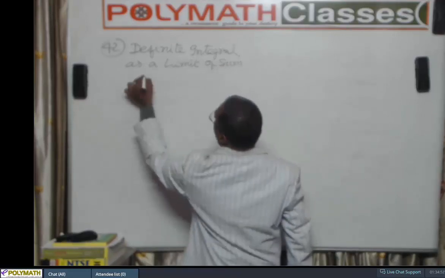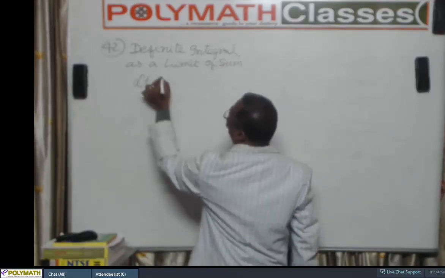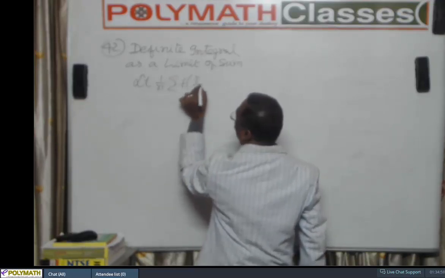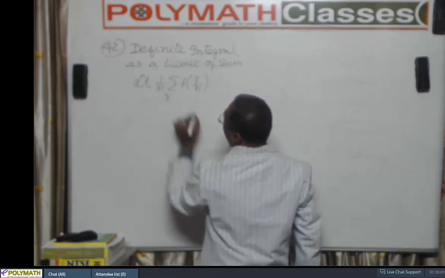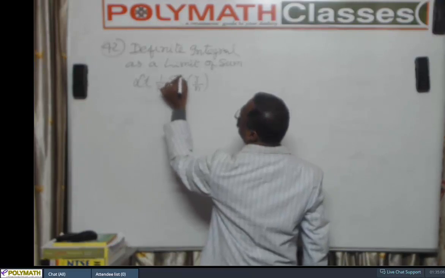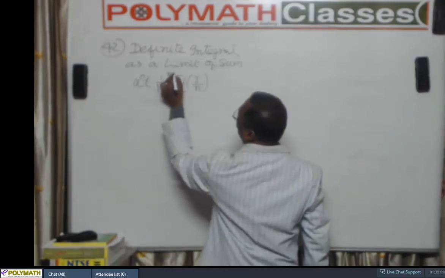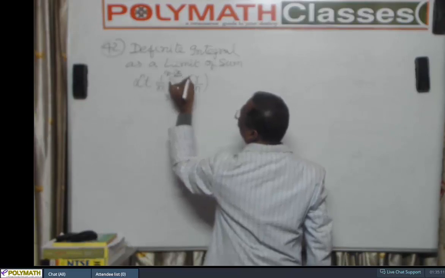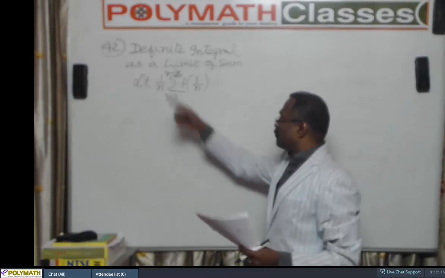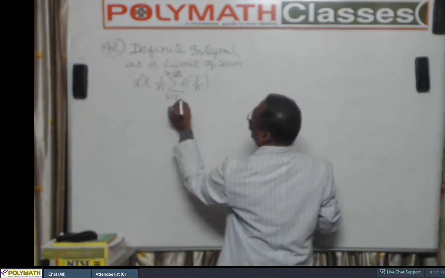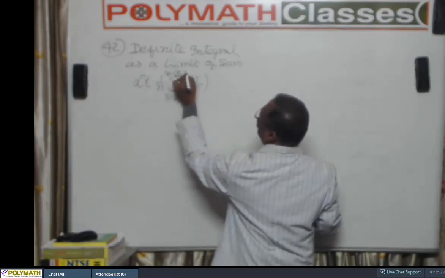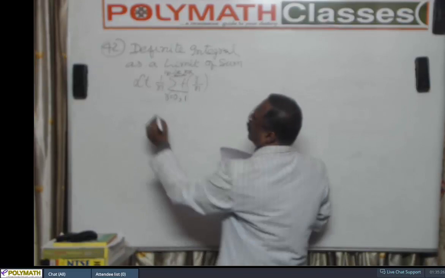This is limit of 1 by n sigma f of r by n, r runs from 0 to n minus 1, into k. So the number of terms will be n only, 0 to n minus 1. Or it can be 1 to n, with k, as n tends to infinity.